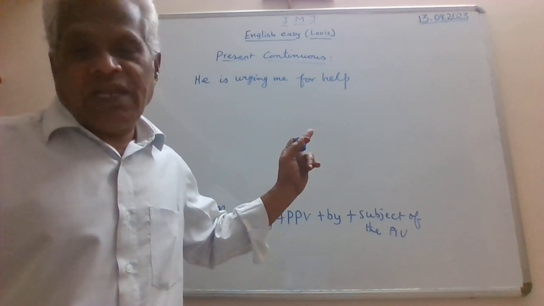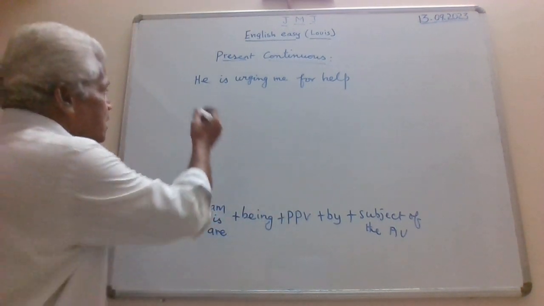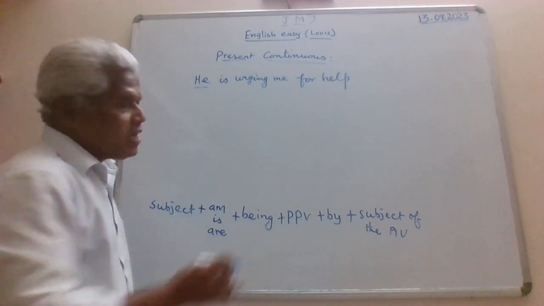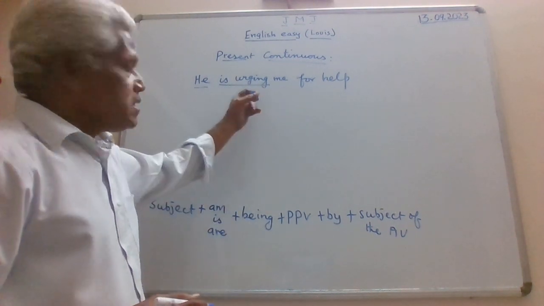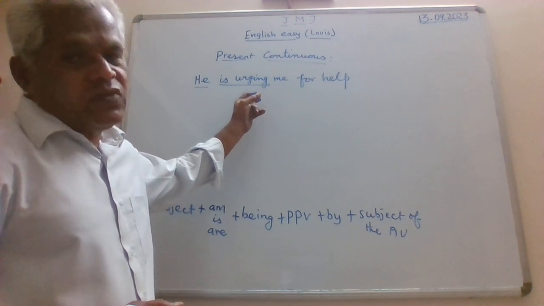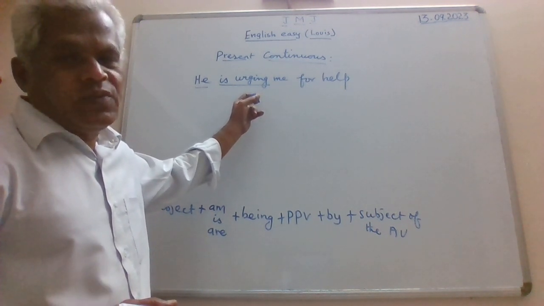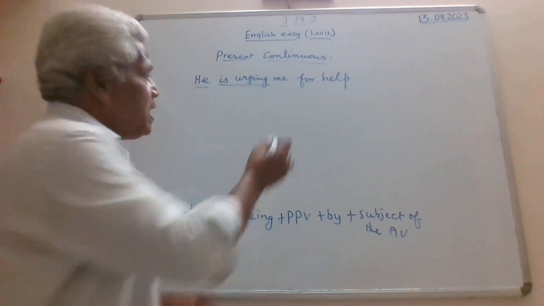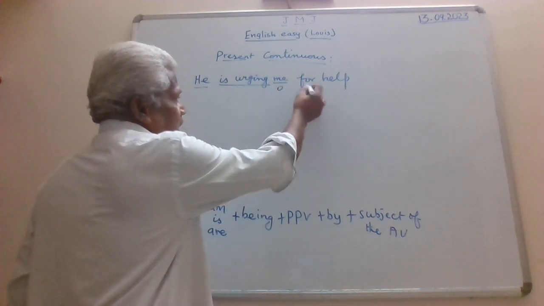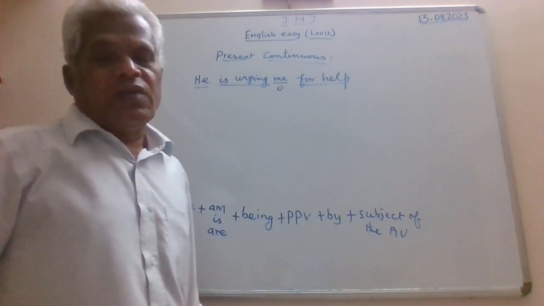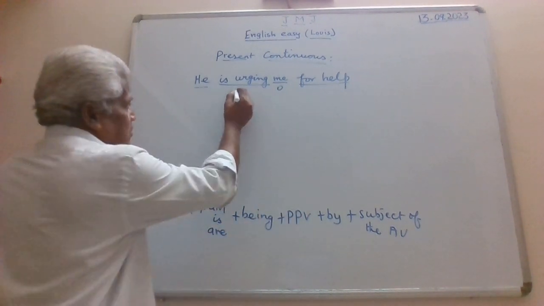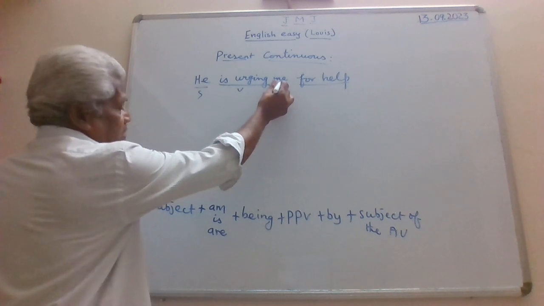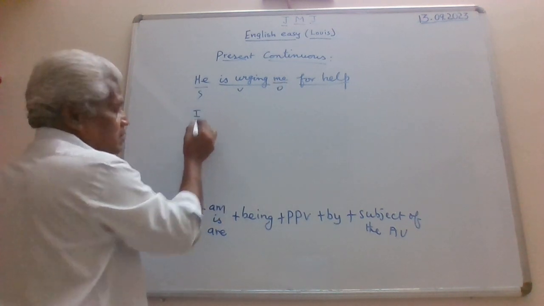And this is in active voice, present continuous tense. You see, the subject is he, third person singular. He is urging is your main verb. Urge is the main verb. Of course, we have added ing to the main verb here. Present continuous tense. And then this is your object here. And this is your adverbial or adjunct, whatever you can call it. So how are you going to change this now? So me becomes I here.